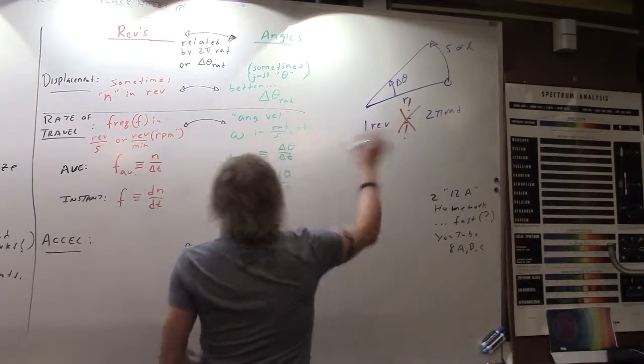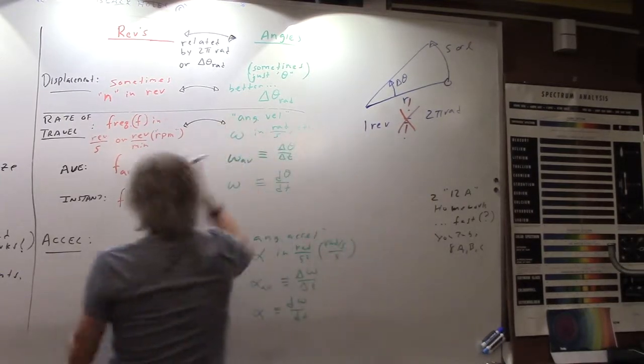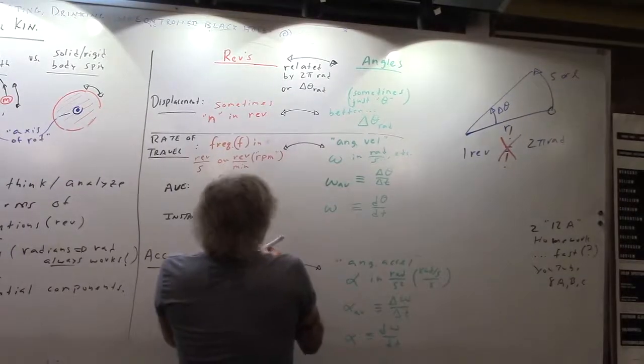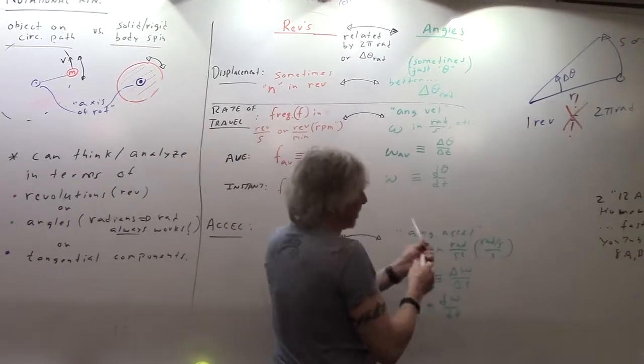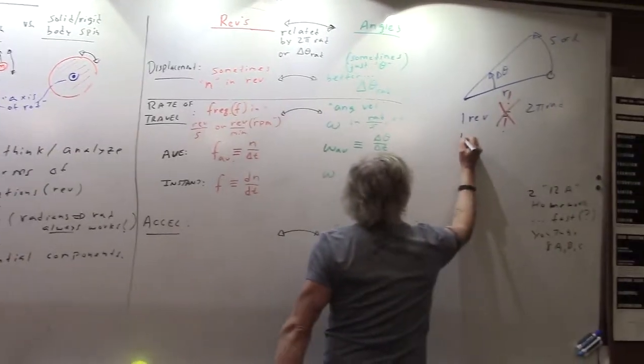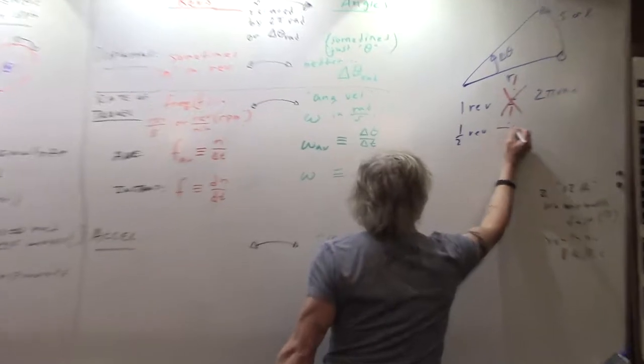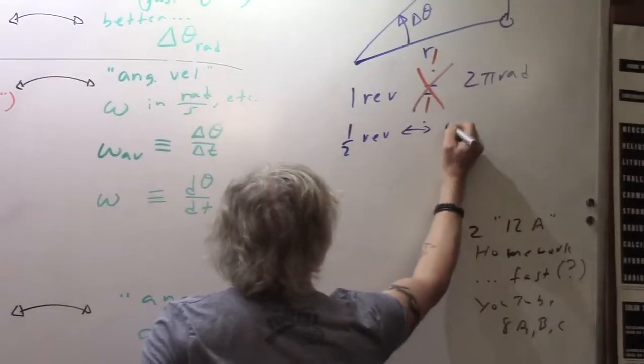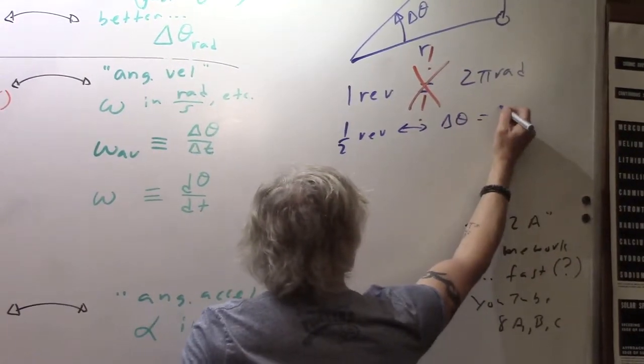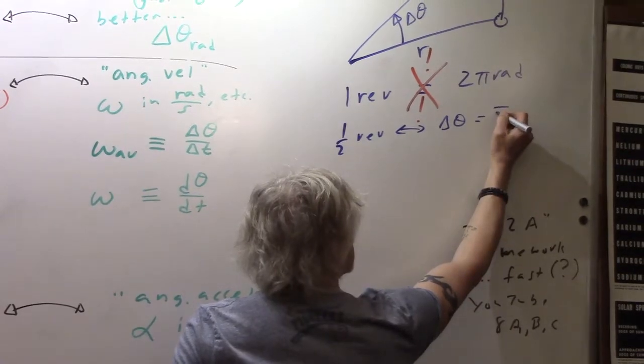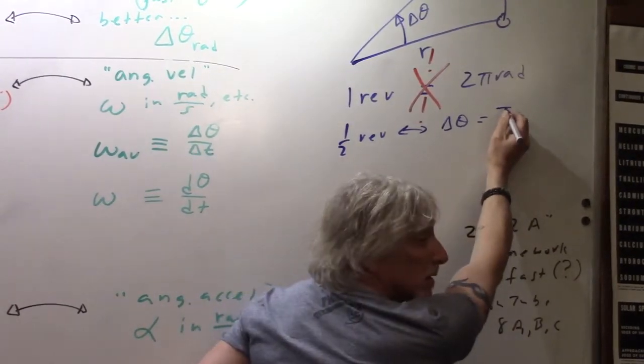So they're not the same. But if you have one, you can get the other one. How do I do it? Well, if I have half a revolution, delta theta would equal how much? Quick. Pi. Pi radians.